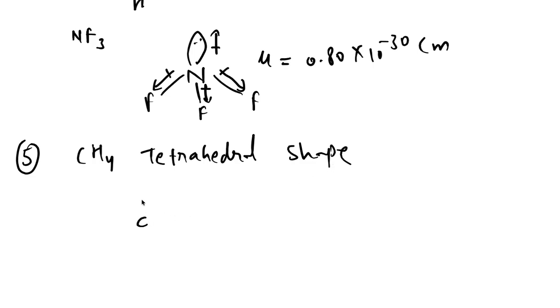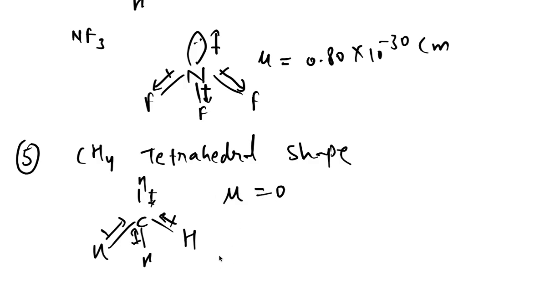It means hydrogen, hydrogen, hydrogen, hydrogen, they all are symmetrical in nature. Okay, it's difficult to show with the help of 2D, but this is entirely symmetrical. And since this is symmetrical, mu in this case would be 0.